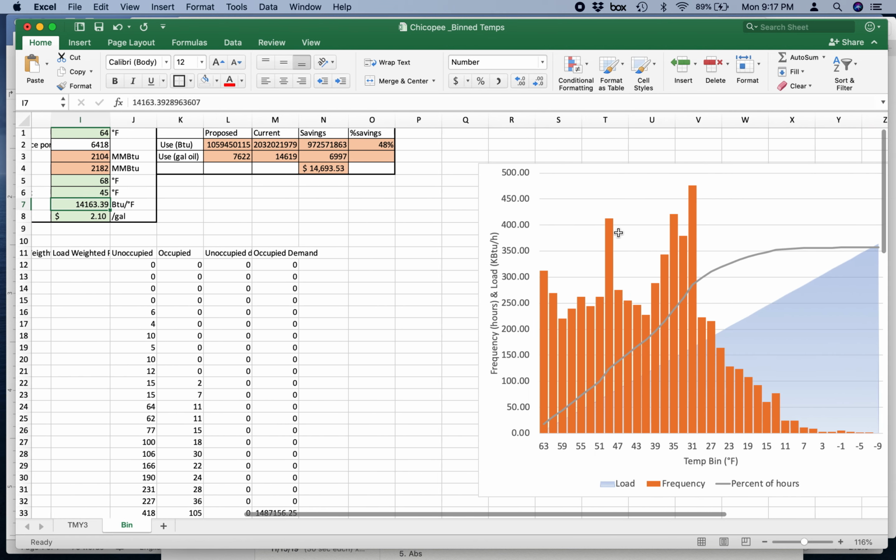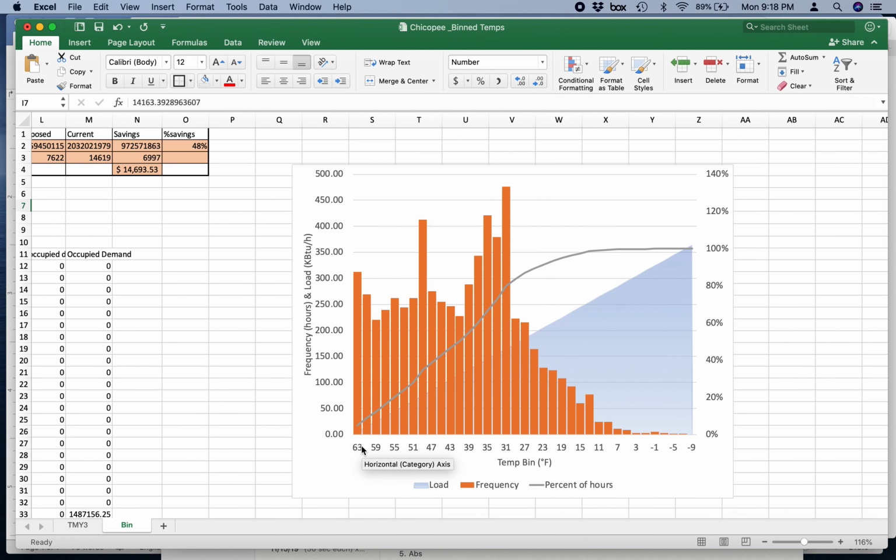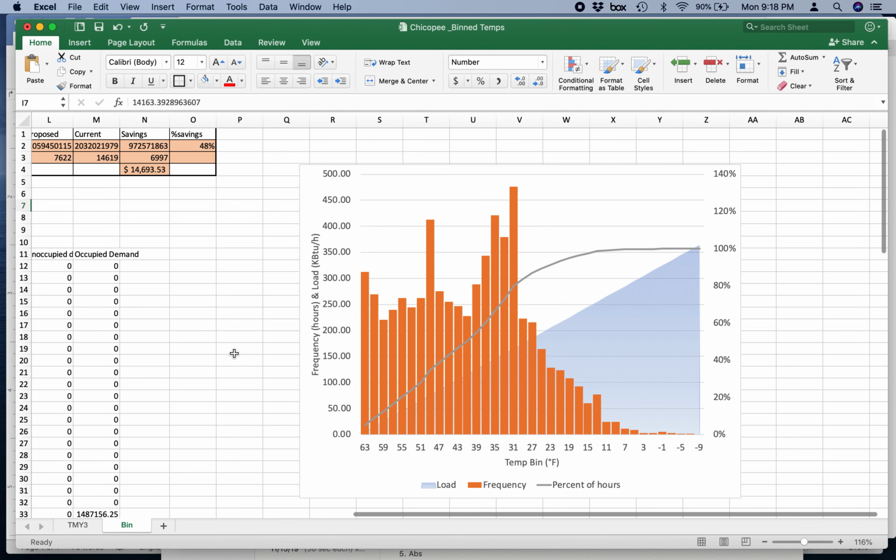So the main thing I want you to take away is to be able to look at this histogram of the frequency of temperatures in each of these bins and realize how much of the heating season is actually very, very mild and can be satisfied with much, much less capacity than what all of these buildings have as their overall capacity.